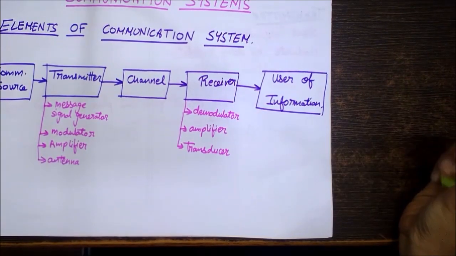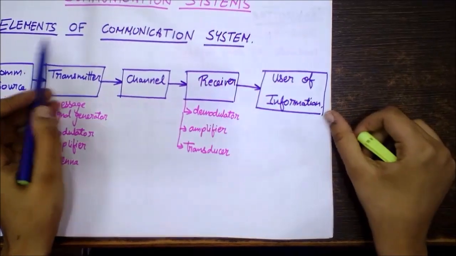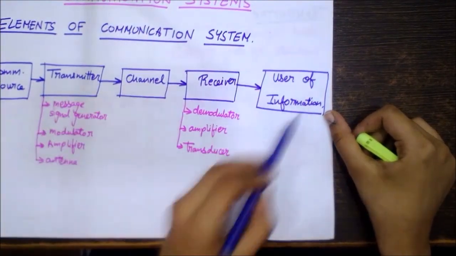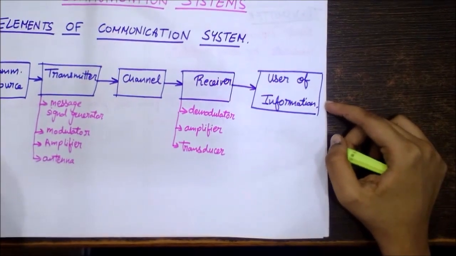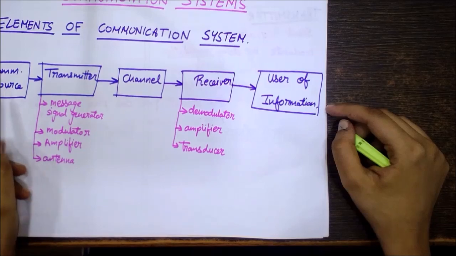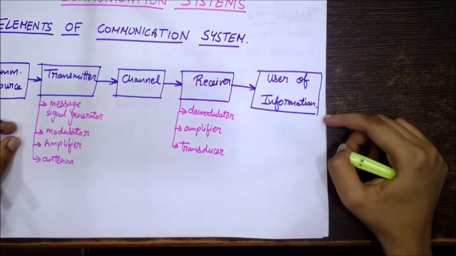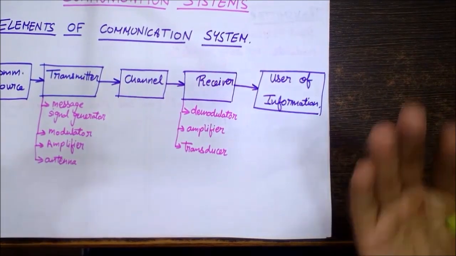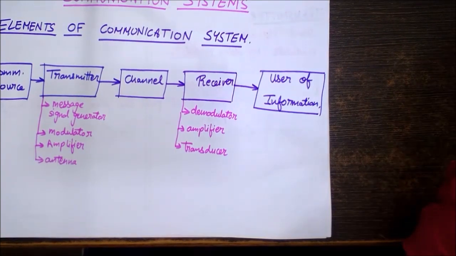Now there are some elements in communication, that is, elements of a communication system. This is an entire communication system, and what is needed in it? The first thing is the communication source. The communication source is a person or an object or a device which is making the noise or trying to send signals, giving out information.